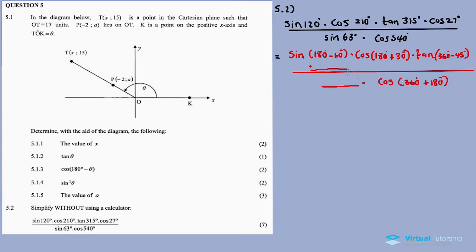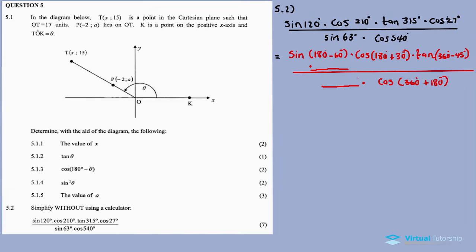And this one it's 360 plus 180 degrees, which gives us 540. So we reduce these angles using reduction formulas.